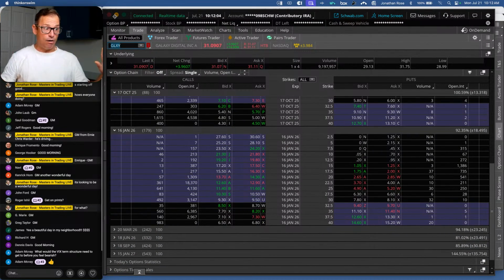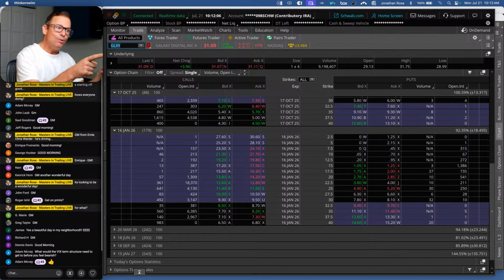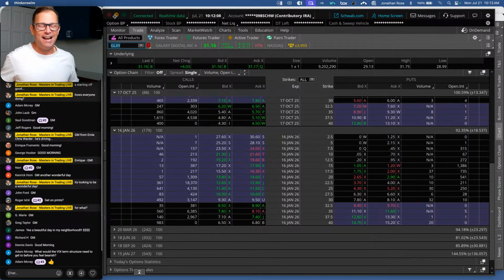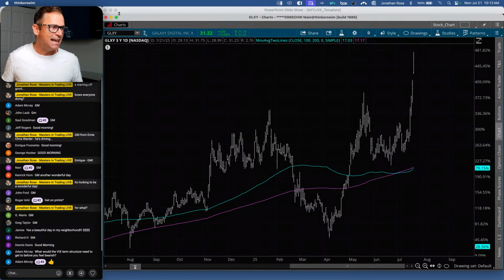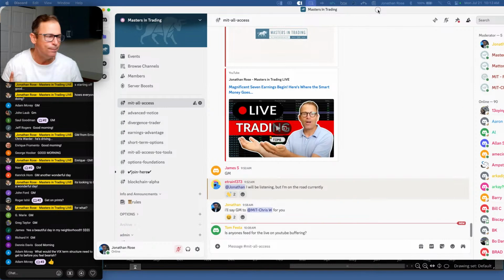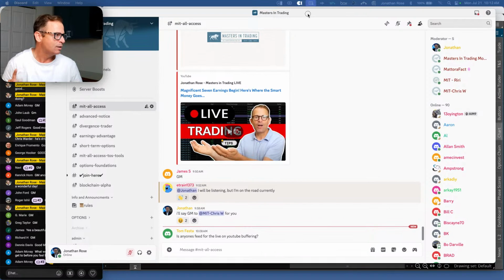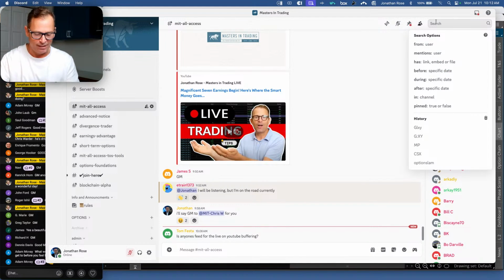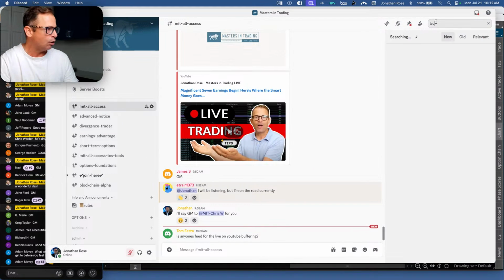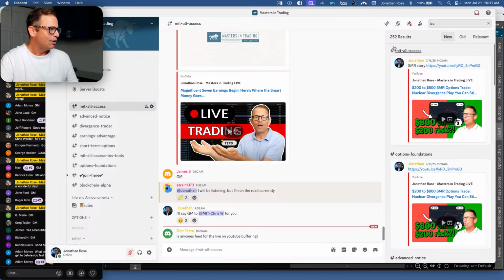I know without a doubt somebody placing an $8 million bet or a $5 million bet on Galaxy knows more than I do. When we first shared this trade with our community, I even said, guys, I love this trade so much for the reason that I've never even heard of this company. So if I go into our Discord and put in LEU, which is a name we follow closely, 252 results.